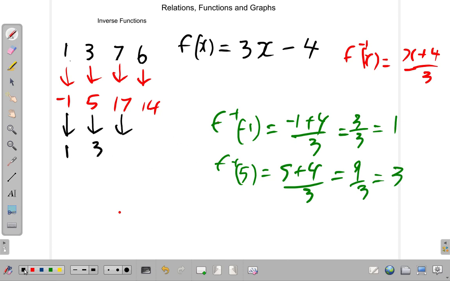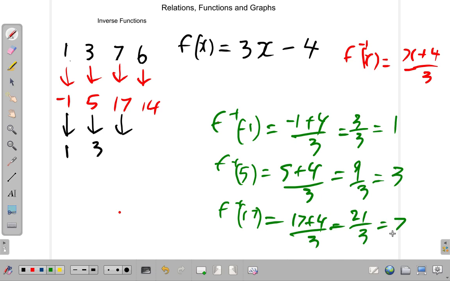Then 17. We have f inverse of 17 equal to 17 plus 4 over 3. 17 plus 4 is 21. 21 divided by 3 is 7. So out comes 7. Then for 14, we find f inverse of 14.